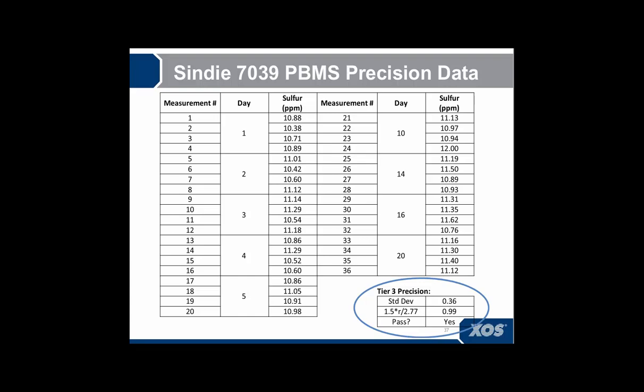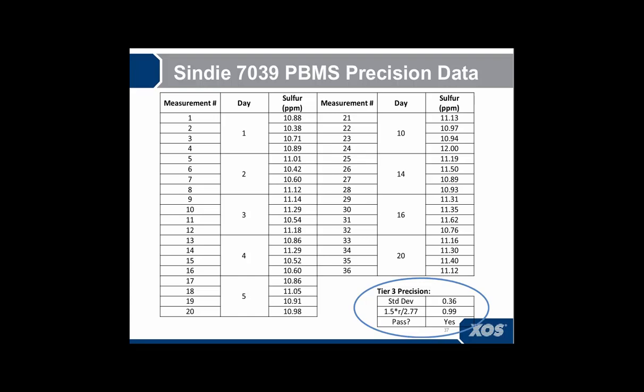You take 1.5 times the repeatability of the method divided by 2.77, and your standard deviation has to be less than that value. In this case, it's 0.99, and our standard deviation was 0.36, so we were passing.